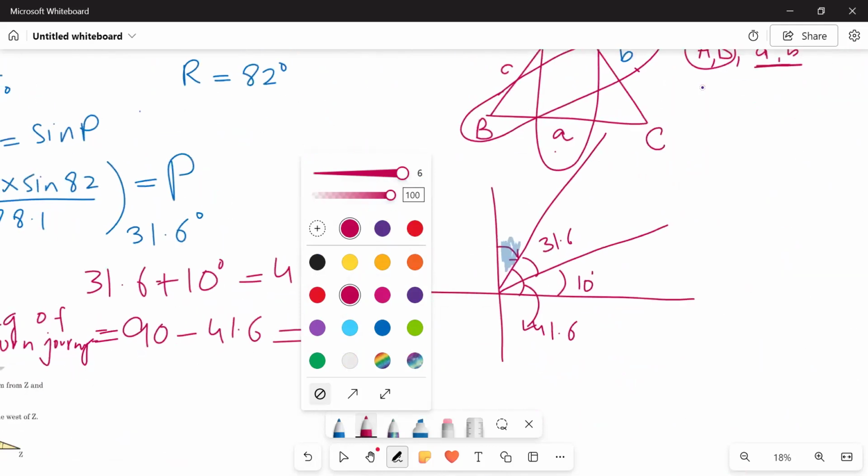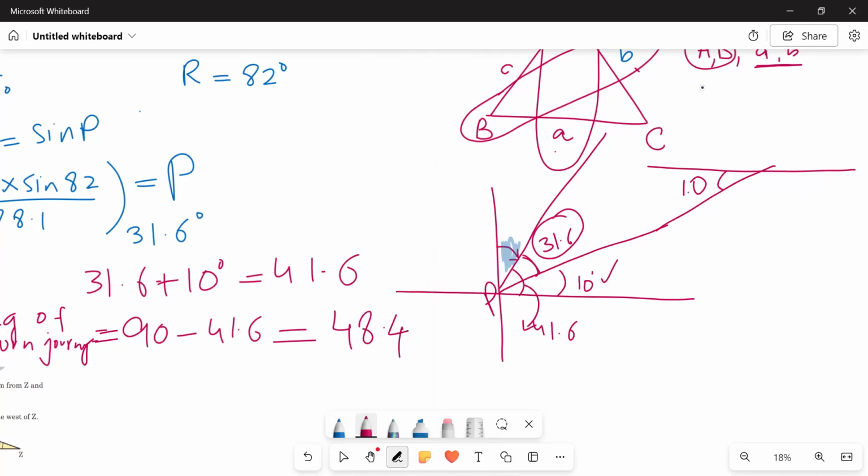I explained here: this is P angle. P angle is 31. So here is another angle that is 10. According to this angle, this will also be 10. So these both angles together will be 41. So 41 we subtract from 90, and it will be 48.4, the bearing of this line.